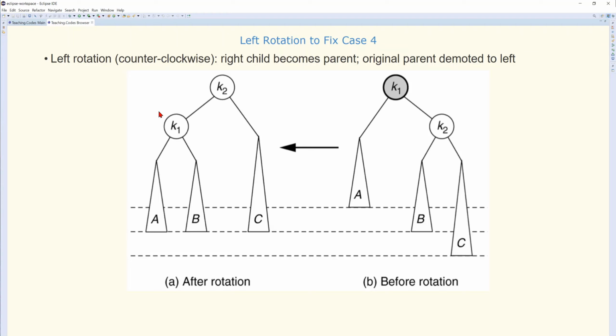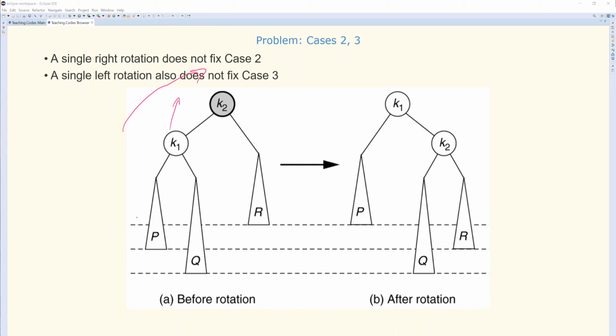Now case 2 and case 3, these are different. A single rotation would not be sufficient. If you look at the figure on the left, we need to do a right rotation. So when we do the right rotation, K1 goes up together with P. K2 and R will go down.